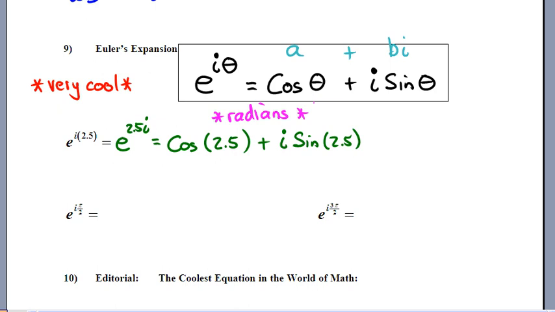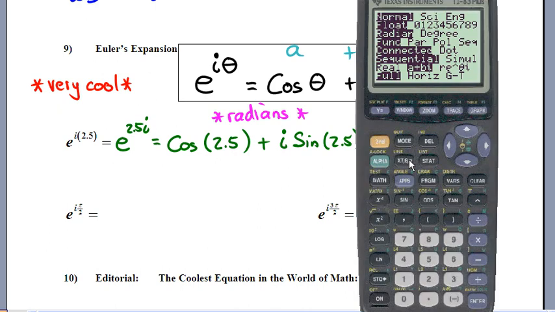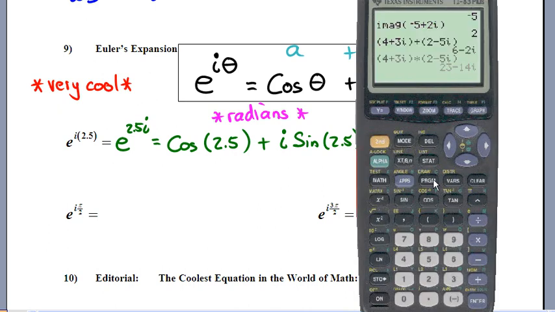Now, if I do the cos of 2.5 in radians, let's try this out. Make sure I'm in radians, yeah, I am. So if I say, hey calculator, what is the cosine of 2.5? It says that's negative 0.8-ish. And if I say, what is the sine of 2.5? It says that's 0.598. So we're actually hanging out in quadrant 2 somewhere, where the x's are negative and the y's are positive.